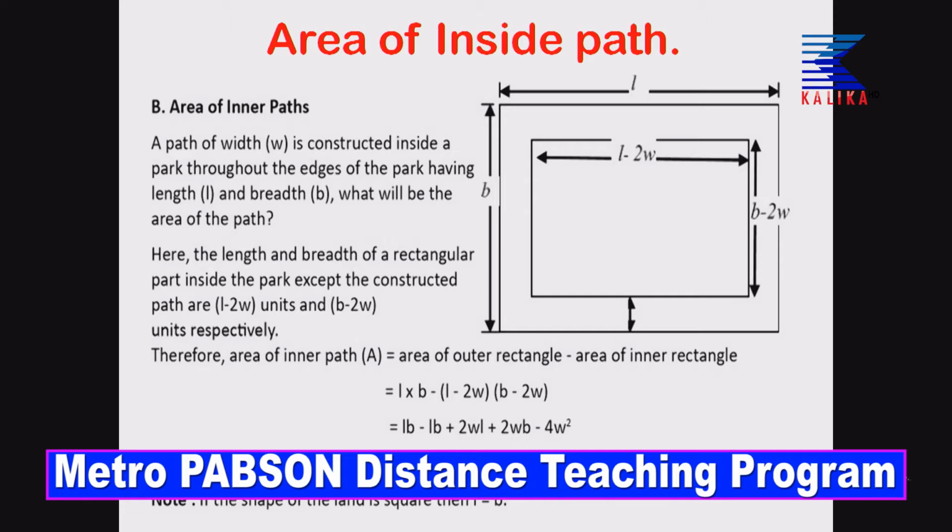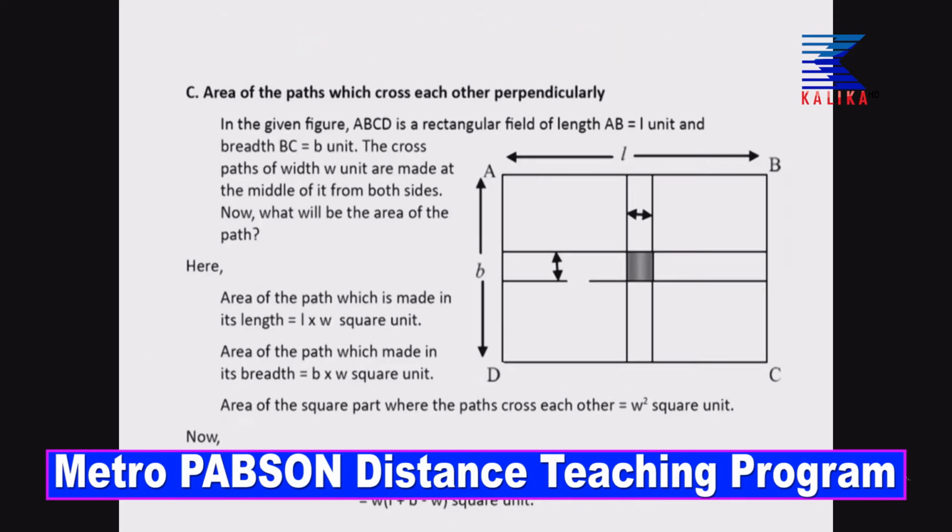This you discussed yesterday, and then the note is there: if the shape of the land is square, then L should be equal to B. You can replace B by L, then you will get the particular formula for square field.